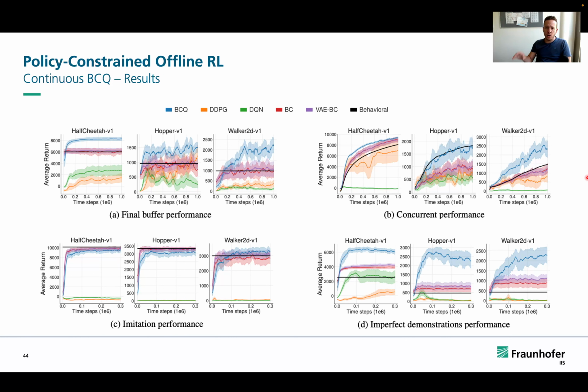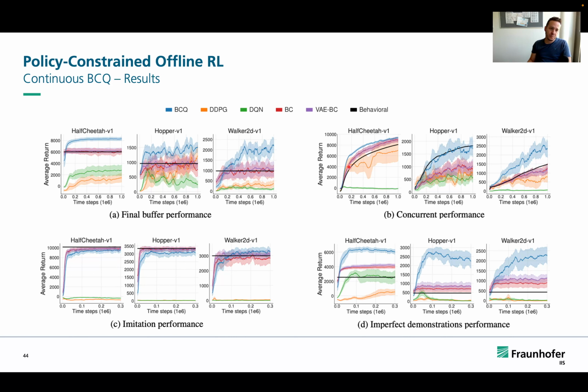All the data that the behavioral policy is observing is put into the replay buffer, and the offline RL agents only use the data from the replay buffer to train. So they are trained along with the DDPG agent, however, they are not allowed to interact with the environment.